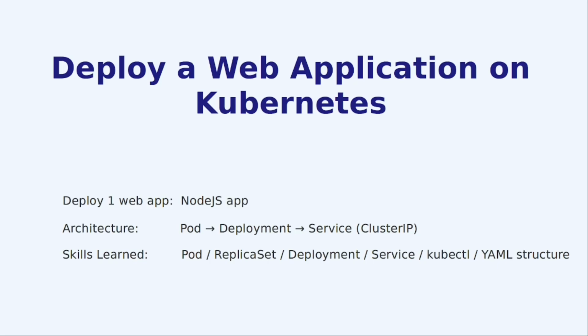By the end of this demo, we will have a clear understanding of how Kubernetes manages containers and how developers can deploy applications in a more reliable and scalable way.